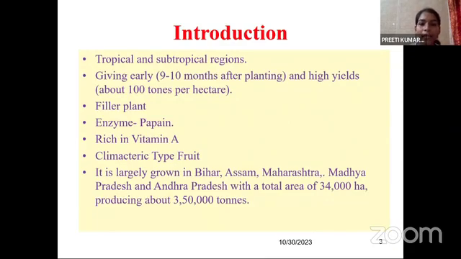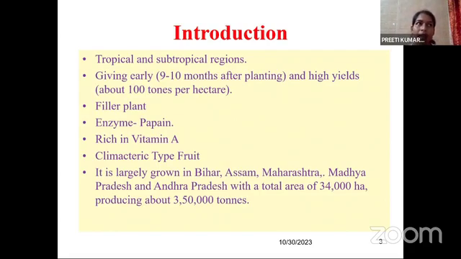The climate it requires is tropical and subtropical regions. It fruits early, 9 to 10 months after planting, and gives a high yield, up to 100 tons per hectare. It is mostly used as a filler crop.